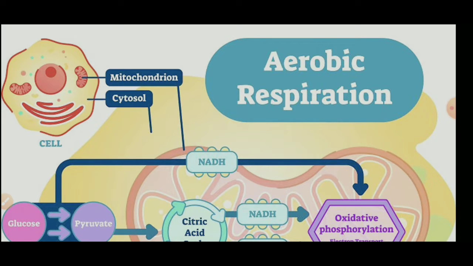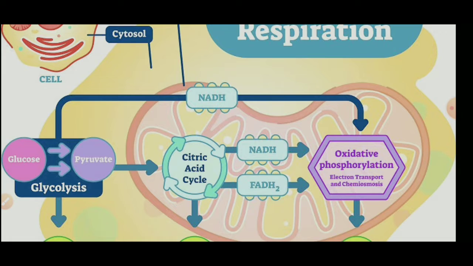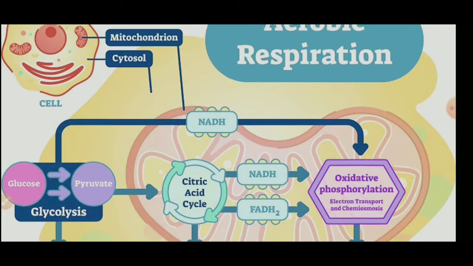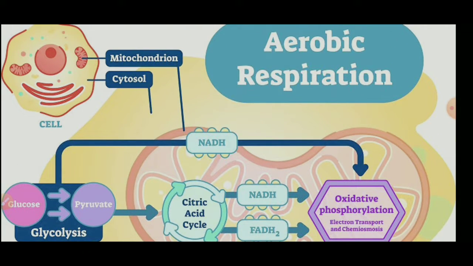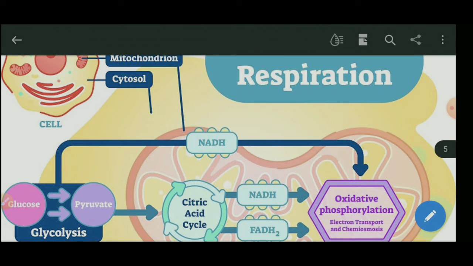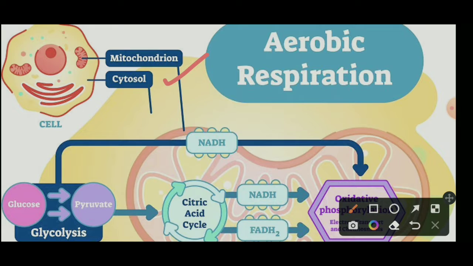So what happens in this process? The respiratory substrates such as simple food, which includes glucose, are completely broken down into carbon dioxide and water by the process of oxidation. In most eukaryotic organisms, some part of aerobic respiration occurs in the cytoplasm here, and the major part, which is considered the Krebs cycle, occurs inside the mitochondria.